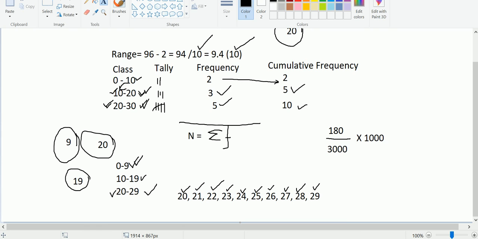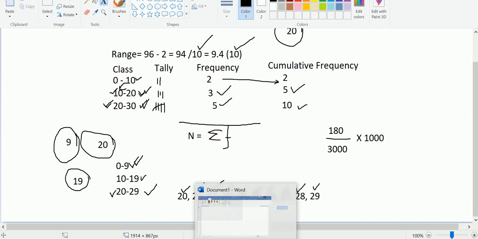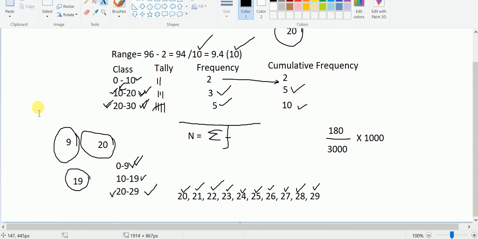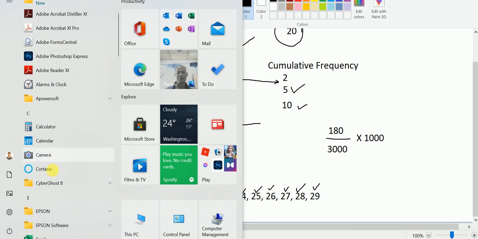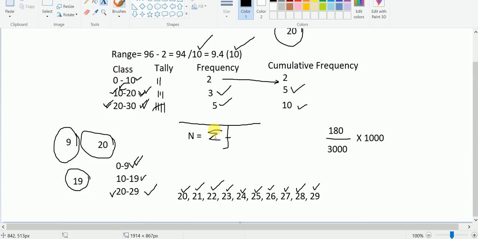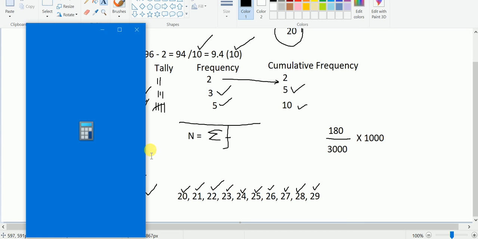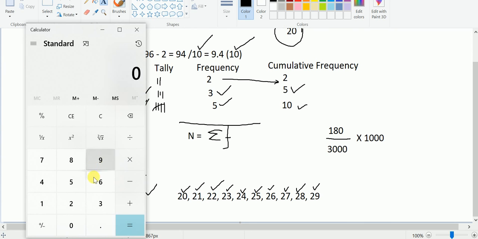So let us see. Okay, just let us find out. See, 180 divided by 3000, then multiplying it by 1000.